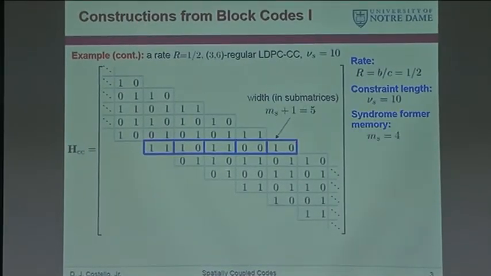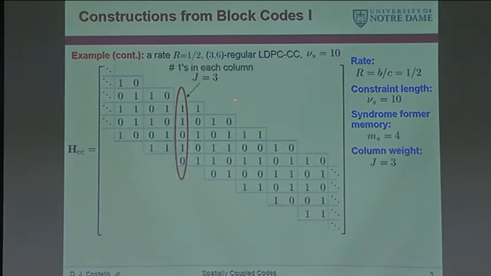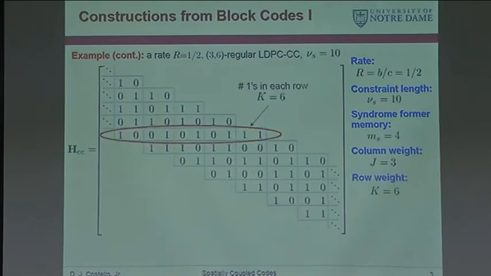The width in submatrices is 5, so that makes the syndrome former memory 4. So there's m_s plus 1. The column weight is 3. I mean, this is the same example we had from the previous slide. And the row weights are all equal to 6. So this then, we had a 3/6 regular LDPC block code. We do this unwrapping process, and we get a 3/6 regular LDPC convolutional code.